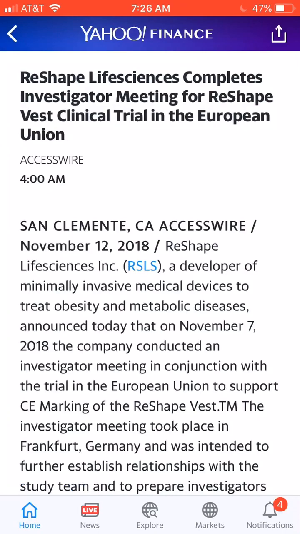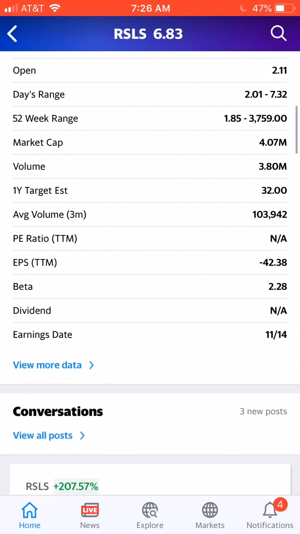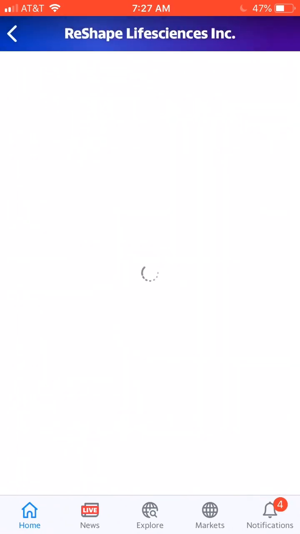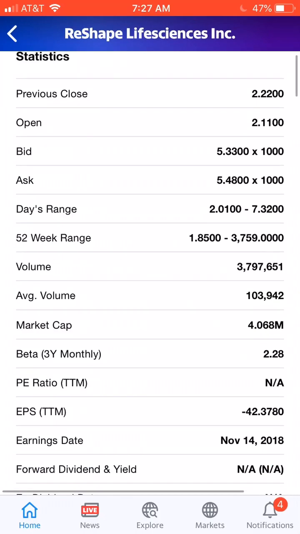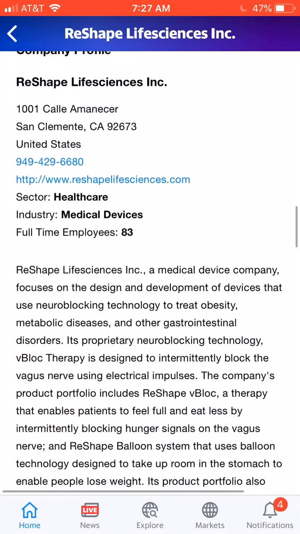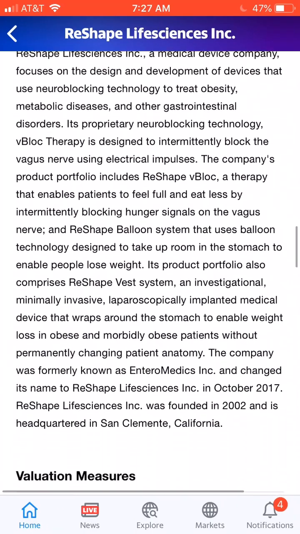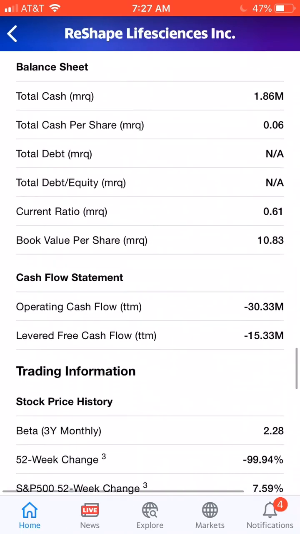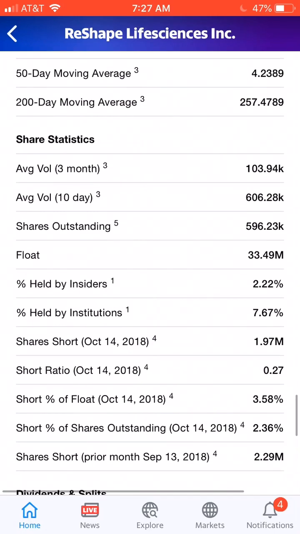So let me first look at the float too and the sector. So the sector, healthcare, medical devices, an industry kind of considered to be like a biotech stock.